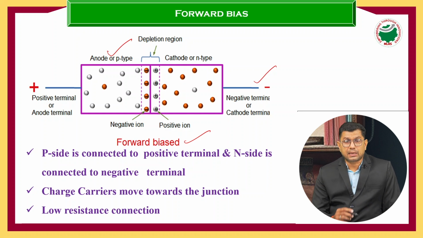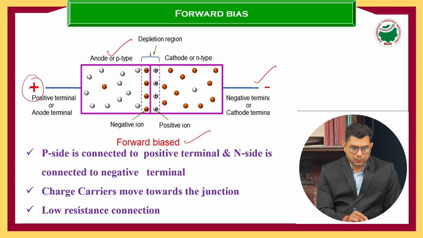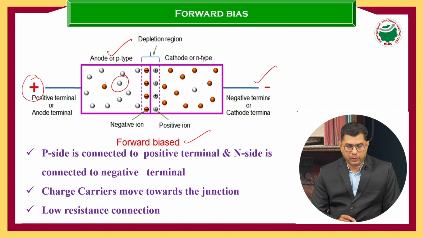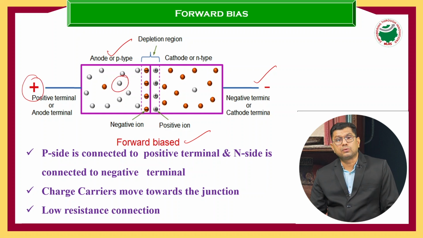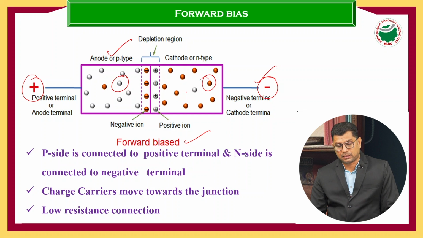When the P side is connected to the positive terminal of the battery, this is positive and the holes are also positive. Positive always repels. Similarly, N type is negative and these are electrons, the majority charge carriers in N-type semiconductor. The negative terminal of the battery and the electrons both get repelled.